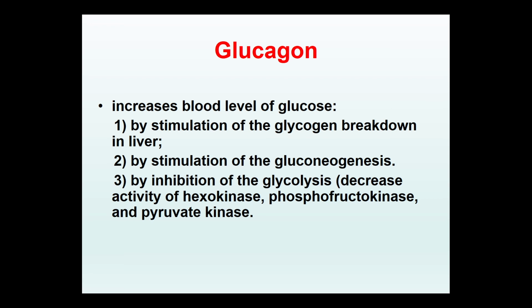Fructose 2,6-bisphosphate is an allosteric inhibitor of the gluconeogenic regulatory enzyme fructose 1,6-bisphosphatase and is an activator of phosphofructokinase. Glucagon also inhibits all three regulatory enzymes of glycolysis.